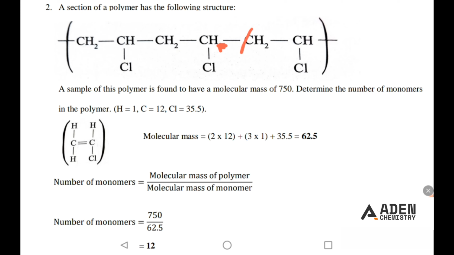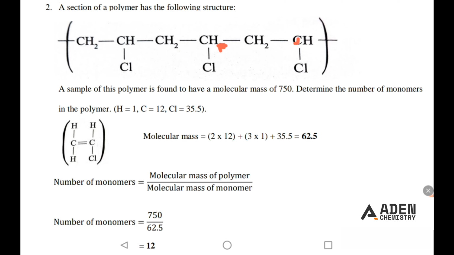So if that's the repeating unit, let's put it down here. When you check this bond here and this bond there, we can condense it and put it there. So that's our monomer. Here we have one carbon with two hydrogens, then this bond and this bond we condense to make one bond, the double bond.